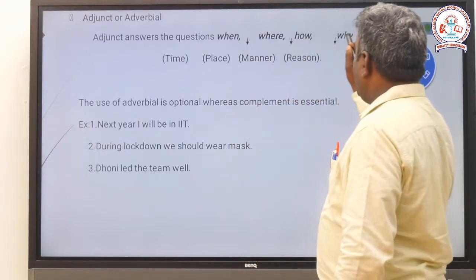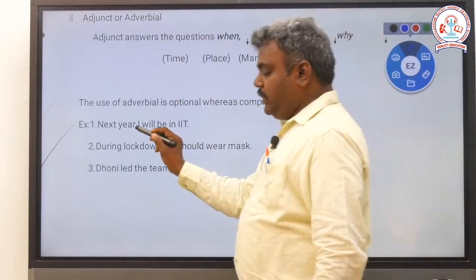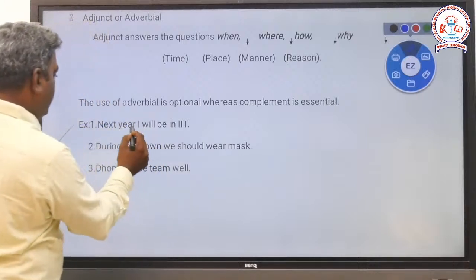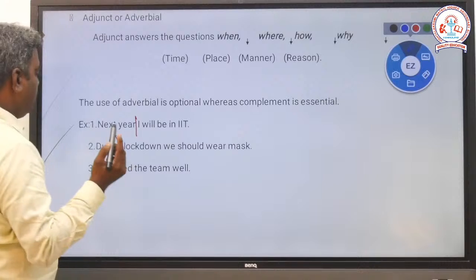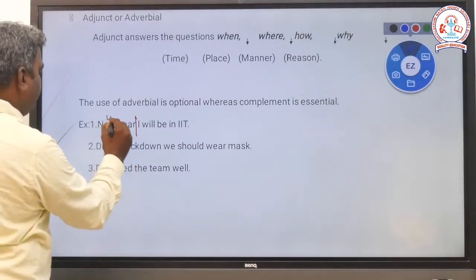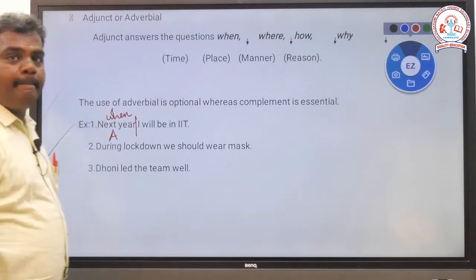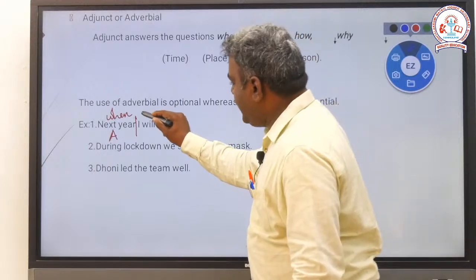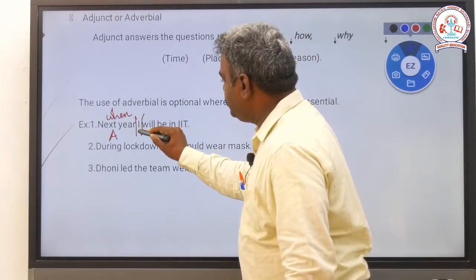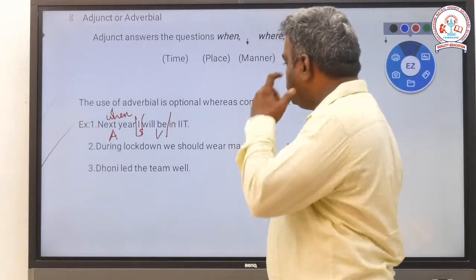When, where, how, why. Adjunct or adverbial answers the question. So, let me speak. Next year, that is adjunct because it answers the question when. Subject is very simple, I. Will be, verb.